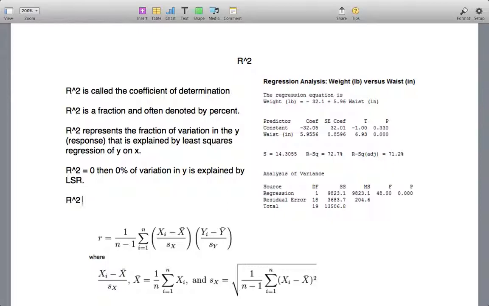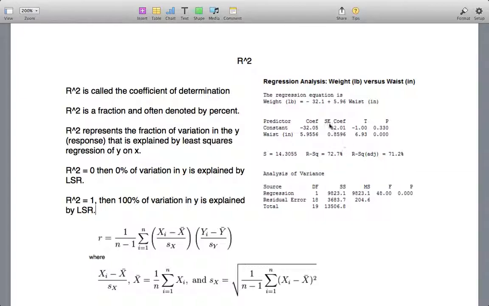If R squared equals 1, then 100% of variation in the y direction is explained by least squares regression. So what happens if we find a number in the middle? Like, say R squared is equal to 72.7%.